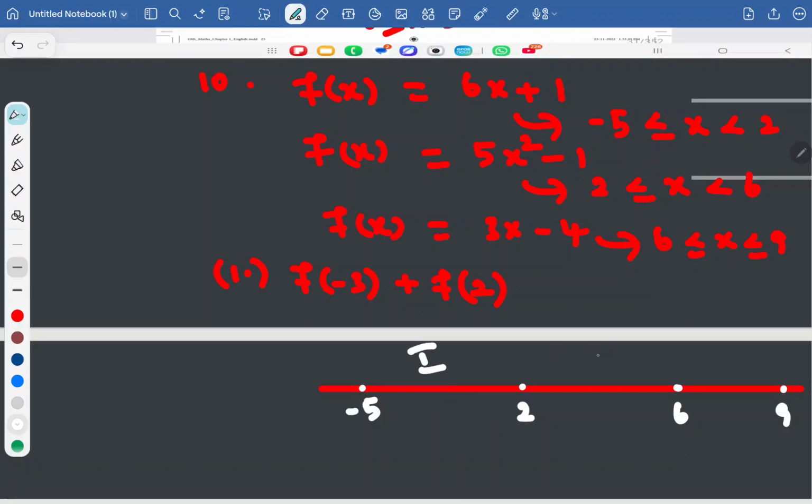First interval, second interval, third interval.